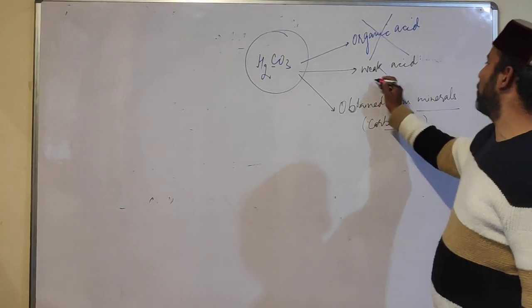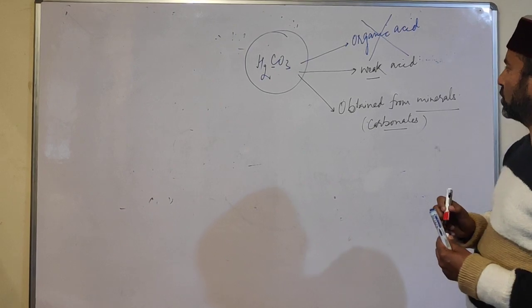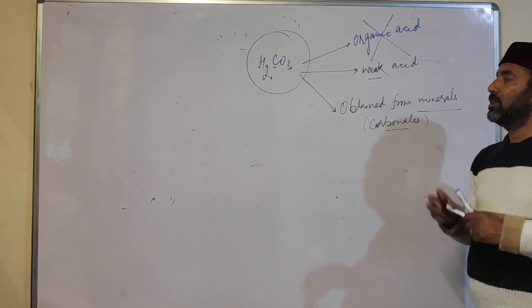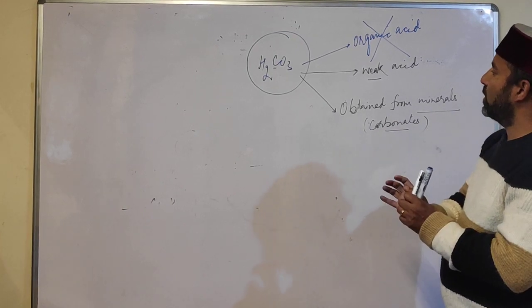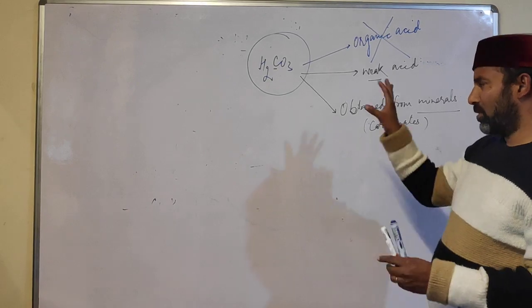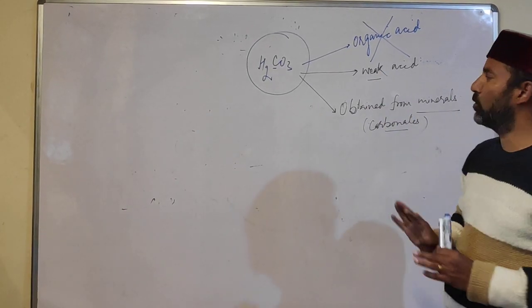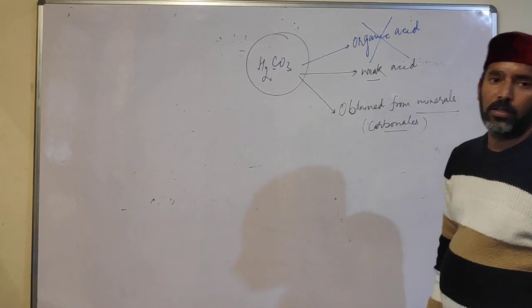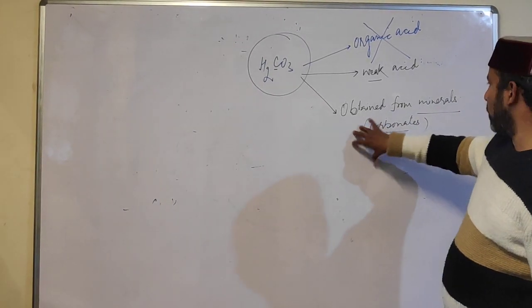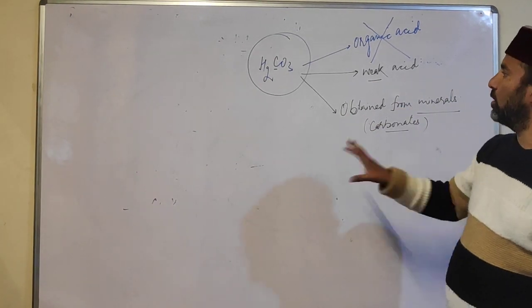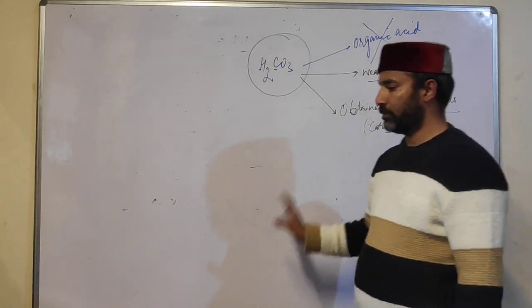Rather we say it is a weak mineral acid. So this is very very important to note, that carbonic acid is not an organic acid, although it has carbon. But students, it does not contain carboxyl group, so it is not organic, and most importantly it is not obtained from plants or animals. It is obtained from minerals. So we consider it as a weak mineral acid, not organic acid.